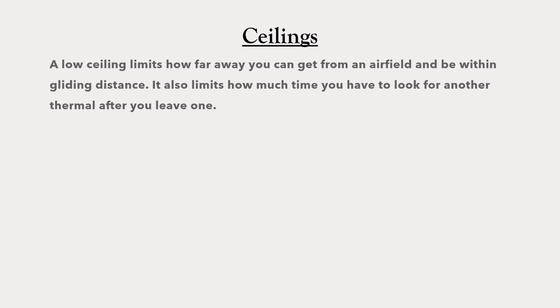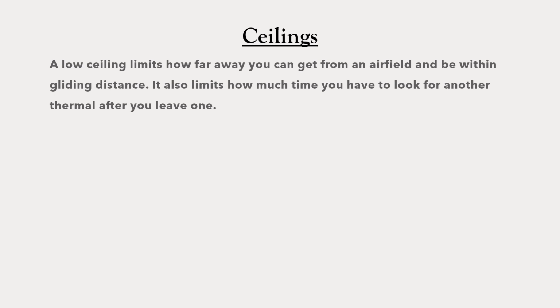In practice, for flying with a glider, you need quite a bit more than that to do anything more than maybe pattern tows. Low ceiling limits how high you can get, which determines how far you can get from an airfield. And we like to stay in gliding distance of the airfield all the time.